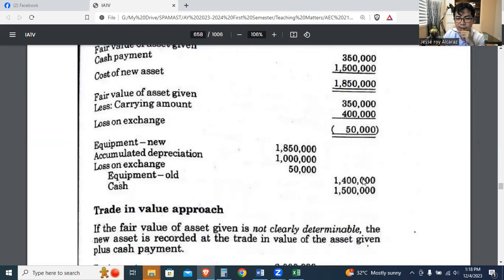So, we gave the old equipment valued at 1.4 million together with the accumulated depreciation. We record the new equipment at 1,850. Then, we pay 1.5 million in cash. And also, in this trade-in transaction, we have actually made a loss of 50,000 pesos.